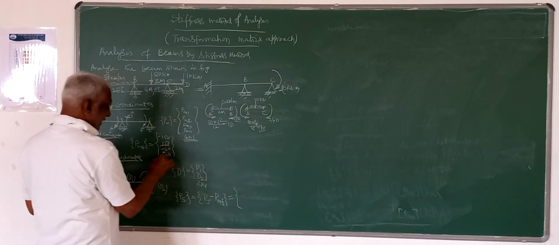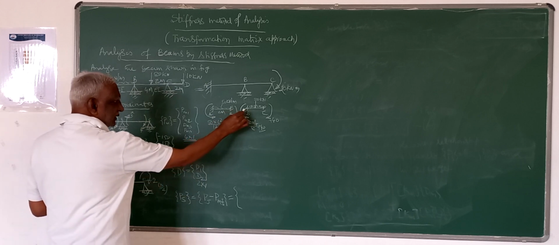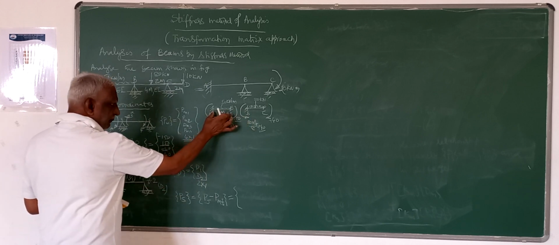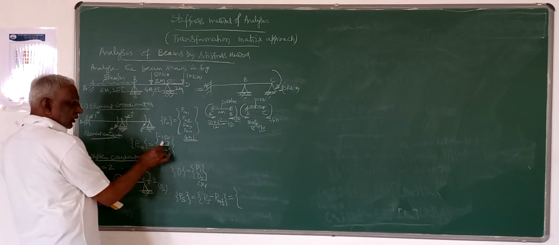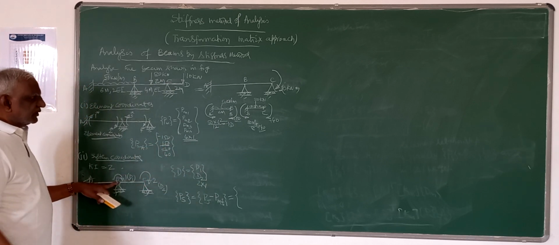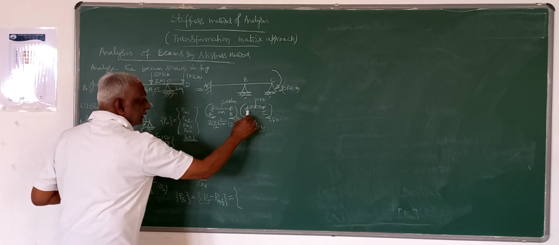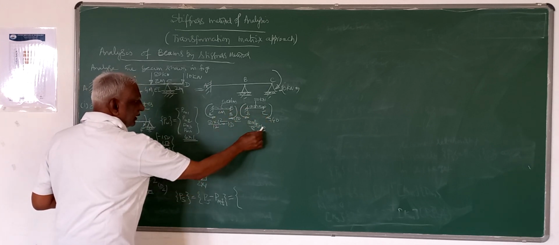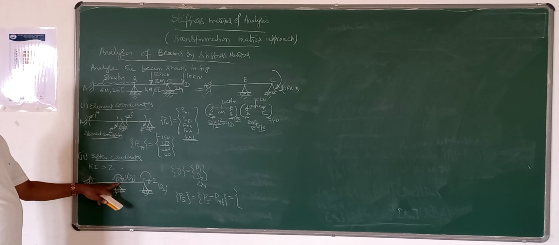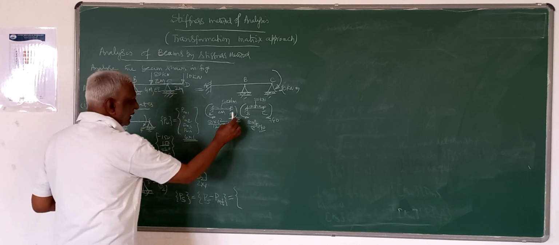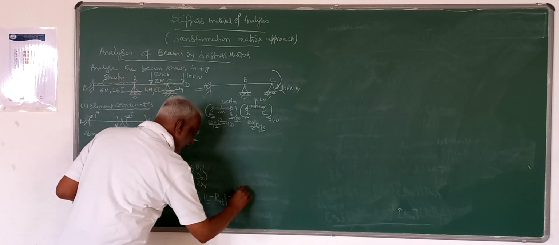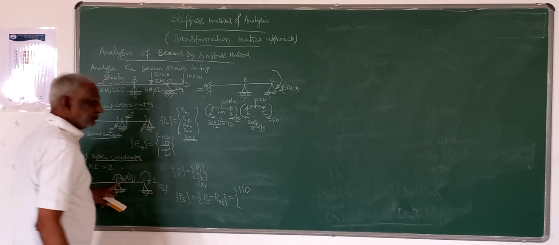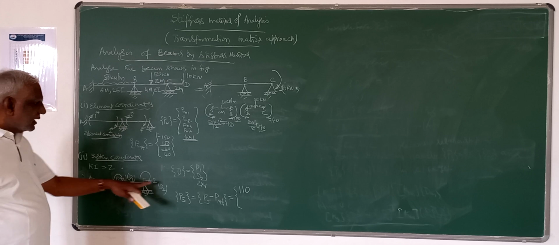It is anti-clockwise direction. So at the joint B, from the member AB loading we have a load of plus 150, and from the member BC at the joint B, we have a load of minus 40. So the net load will be 150 minus 40, so it will be 110. That is PMS.